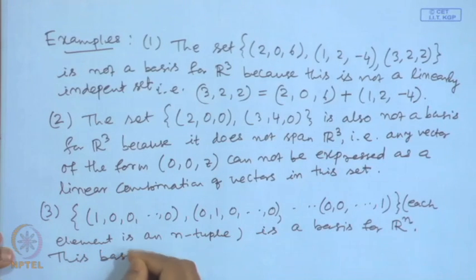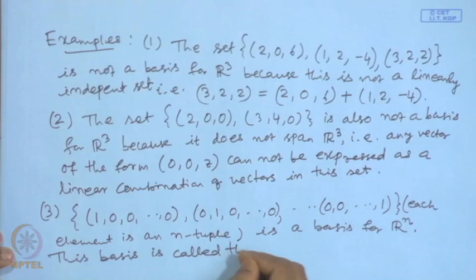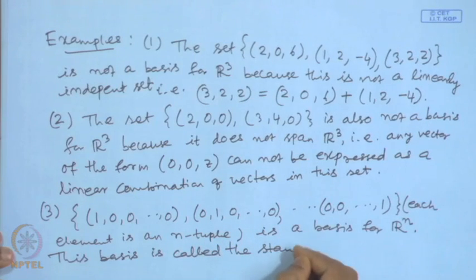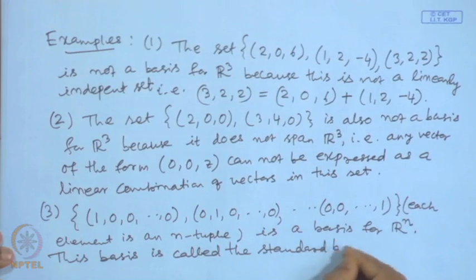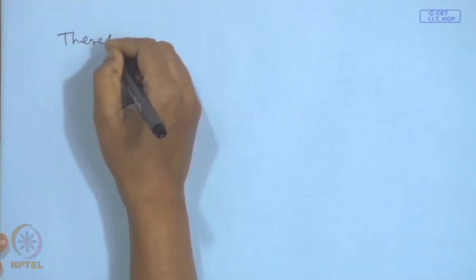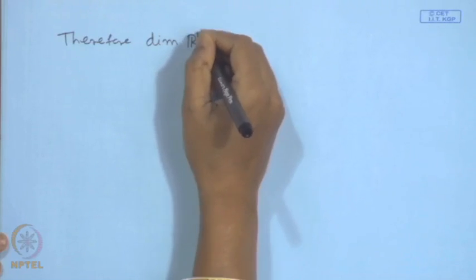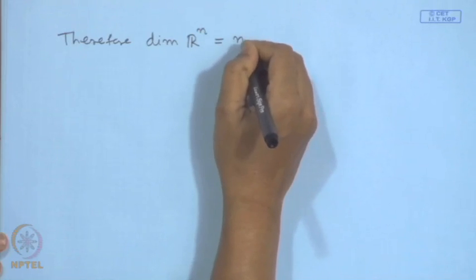Therefore, the dimension of Rn is equal to n.